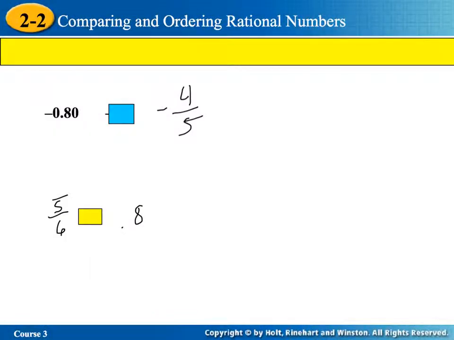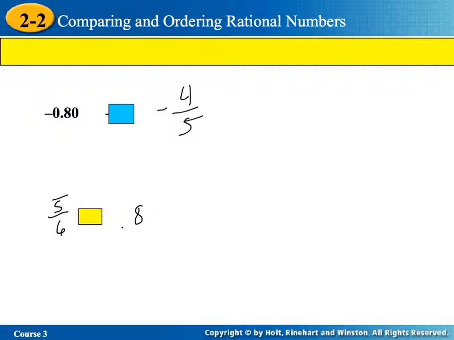Try these two on your own, and then I will explain. So pause now, give these two a shot. All right, so if I look at this, again, I can go either way. I could take the decimal and make it into a fraction, or I could take a fraction into a decimal. In my mind, the way my mind works, it is easier to take the fraction into the decimal.